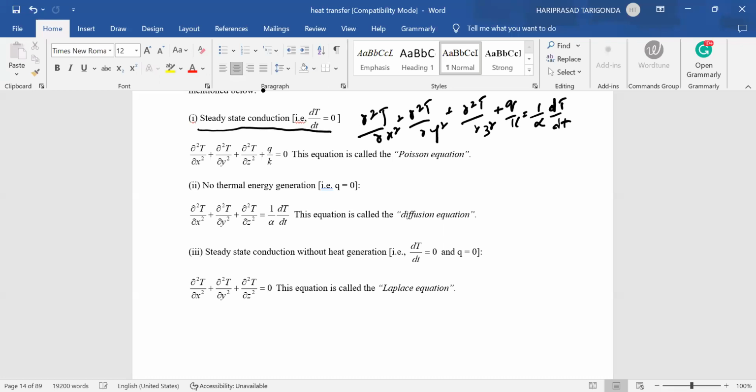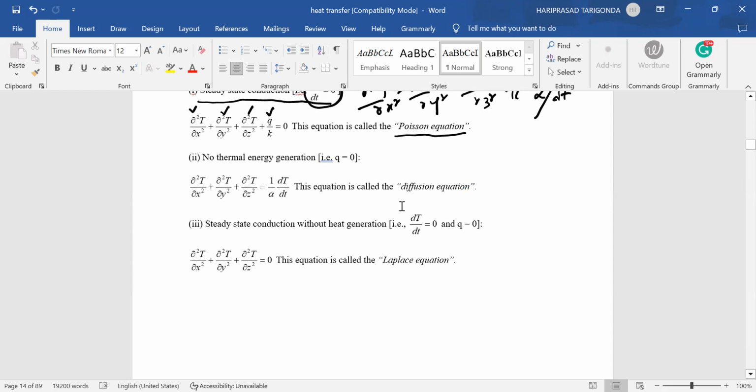Steady state means the temperature remains constant with respect to time. Therefore, the change in temperature becomes zero, and this term becomes zero. So the simplified expression will be ∂²T/∂x² + ∂²T/∂y² + ∂²T/∂z² + q/k = 0. The name of this equation is the Poisson equation.